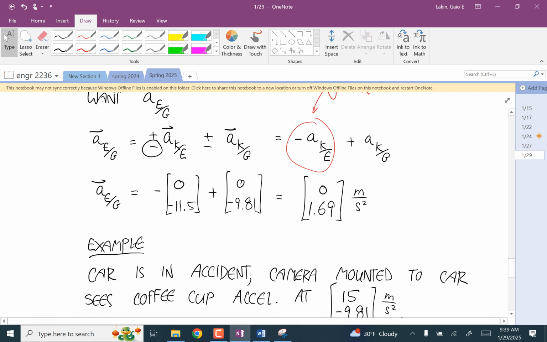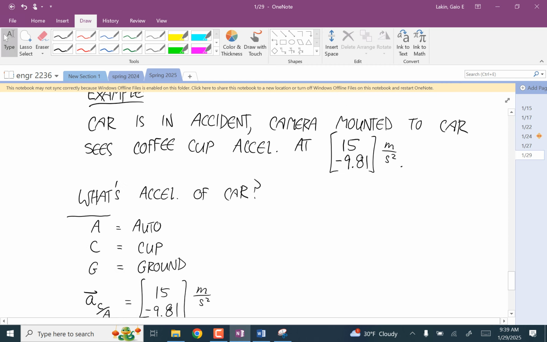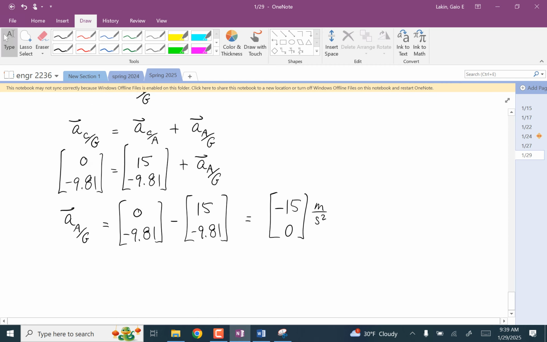The other way is to put them in whatever order you want and then just change the signs of them to switch the subscripts so that it satisfies the fraction multiplication. But you will get used to one sort of thing. On these problems, there's always going to be a ground, and then there's going to be some intermediate vehicle or coordinate system, and then there's going to be an object. Set the object relative to the ground equal to the sum of the other two. So that's what I did there.